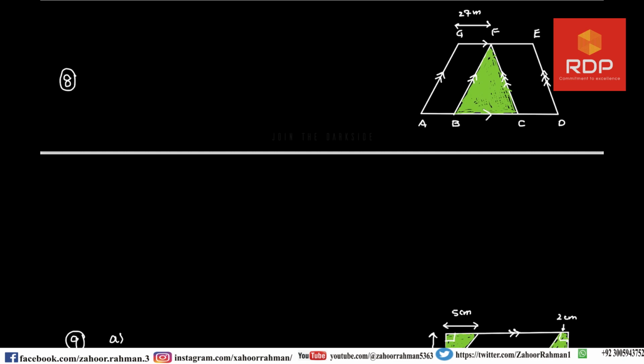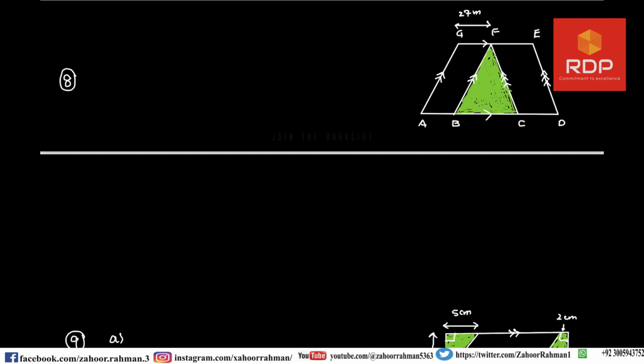So keep in mind that the area of one parallelogram will be 702 divided by 2. The sum of both the parallelograms is equal to 702, and then we have to find this value, 702 divided by 2.